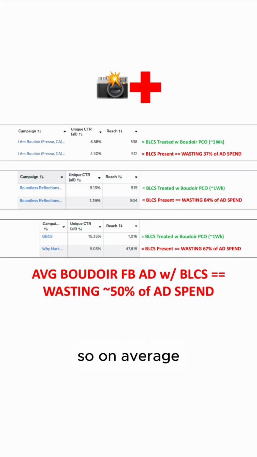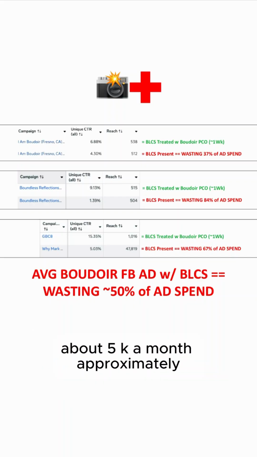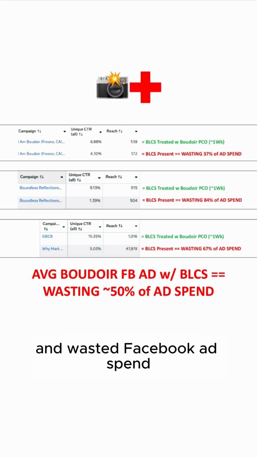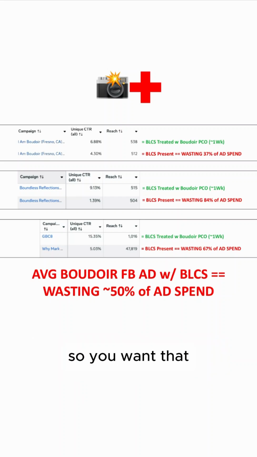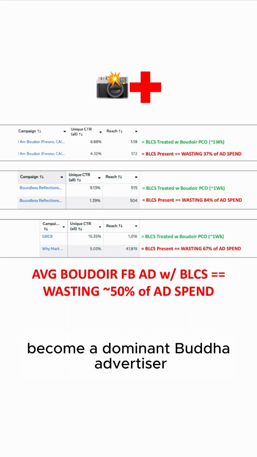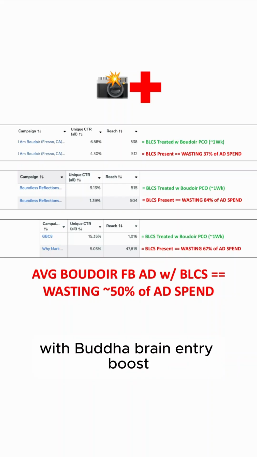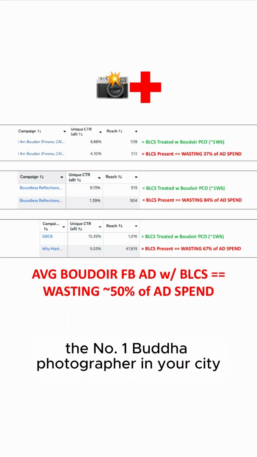So on average, Boudoir Pico probably eliminates about half that, about 5K a month approximately in wasted Facebook ad spend. Put that back into your pocket. You don't have to spend it anymore. Approximately 60K over the next 12 months. And so you want that, and you want to achieve pre-click alignment, become a dominant Boudoir advertiser with Boudoir Brain Entry Boost, because that's what you need on your journey to become the #1 boudoir photographer in your city.